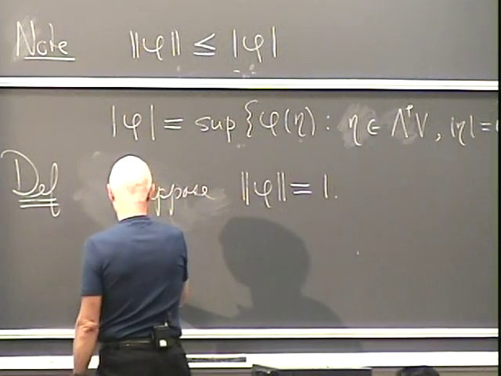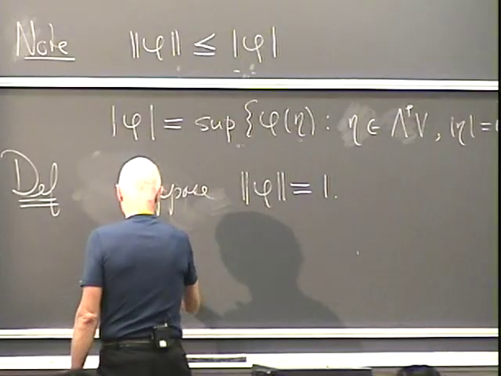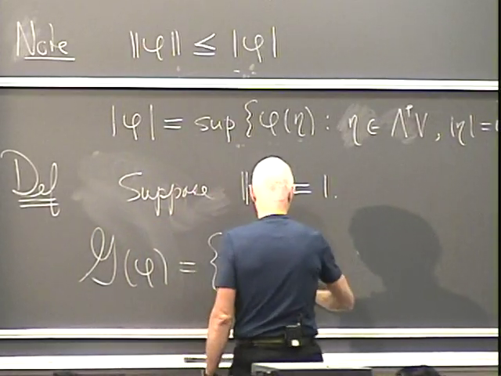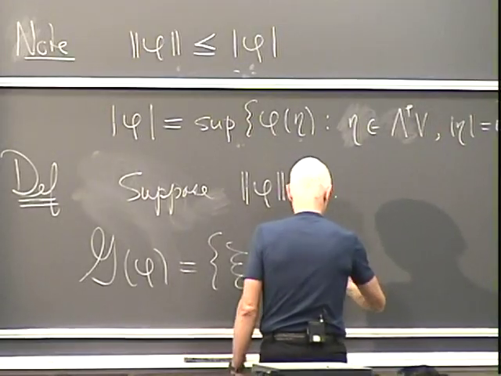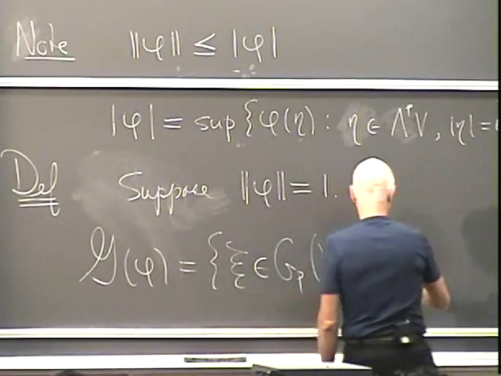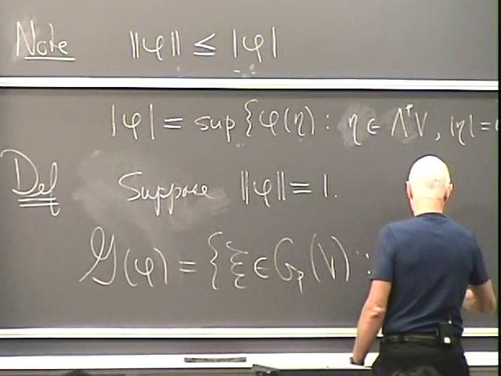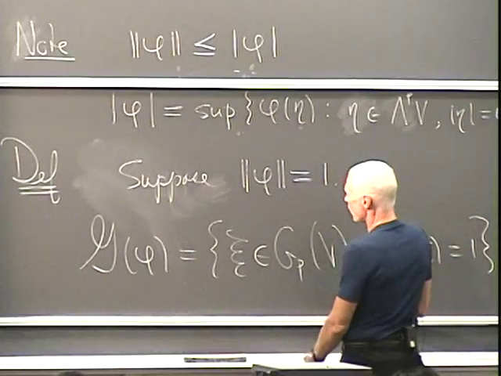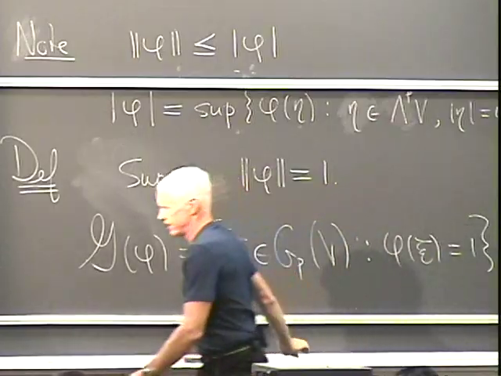Then you can define G of phi to be the set of simple vectors, the set of oriented p-planes, where equality is satisfied. And this is the Grassmannian of phi-planes.